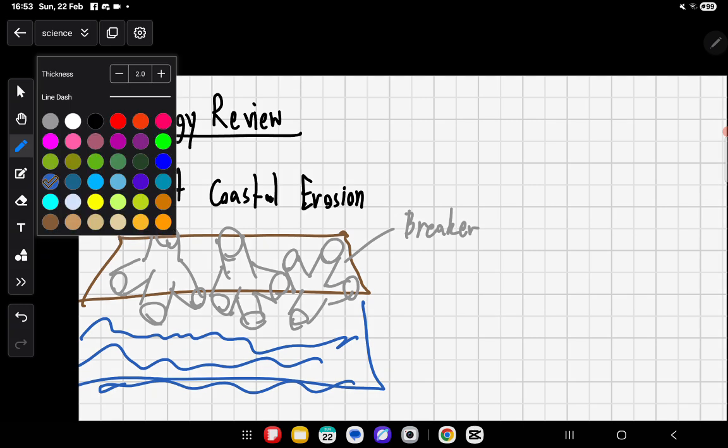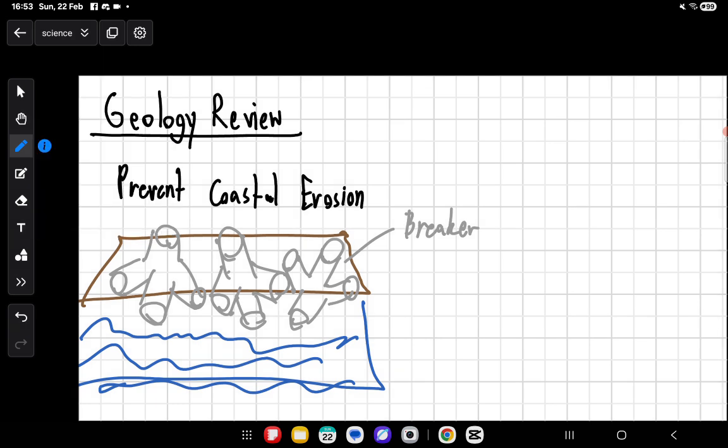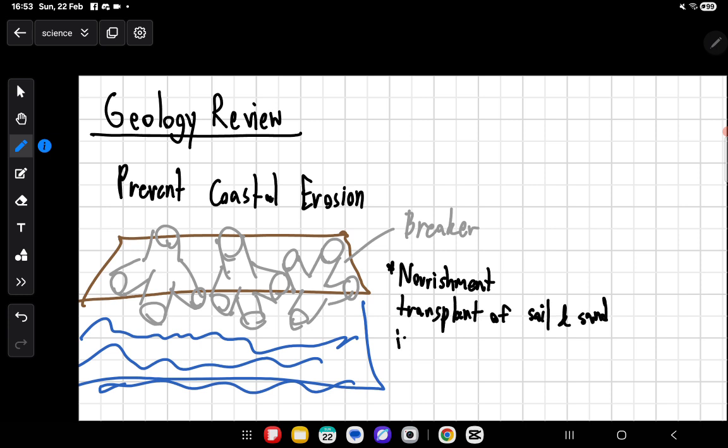Now, this is when nourishment comes into play. When we're talking about nourishment in this field, we're referring to the transplanting of soil and sand into the shoreline with erosion.